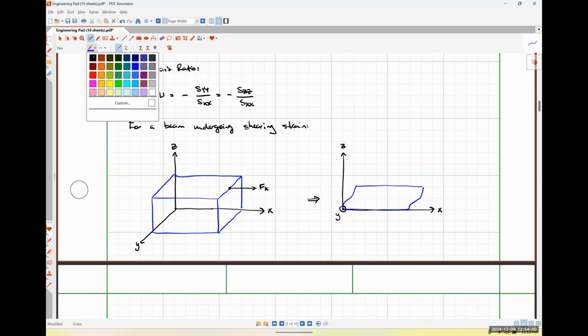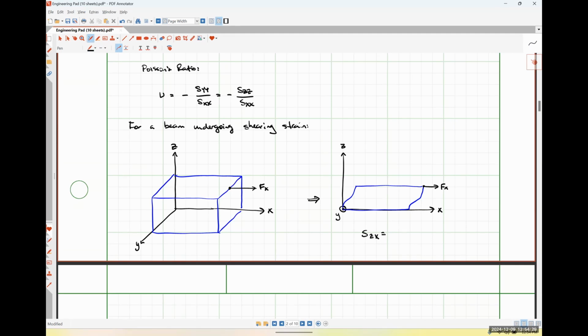So effectively, we're seeing some deformation, and the strain, or the shearing strain, is just a measure of the change in shape of this body undergoing the deformation, where we would have a shearing strain of S_zx equal to the change in x over the height, where our height, recall, is this dimension.